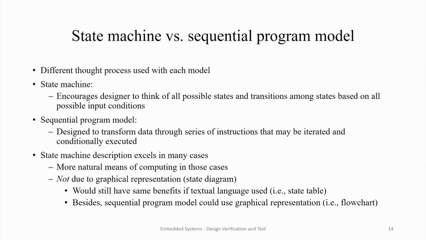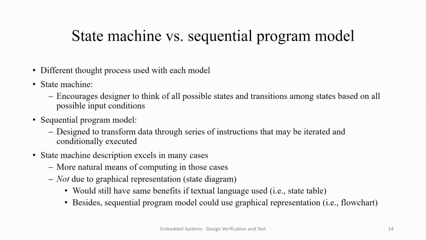We can draw it in the form of a state table, where we have an entry for each row with inputs and outputs specified. We can represent it in the form of a state table, and it will still have the same expressive power. On the other hand, the sequential program can be represented through a graphical representation like a flow chart.